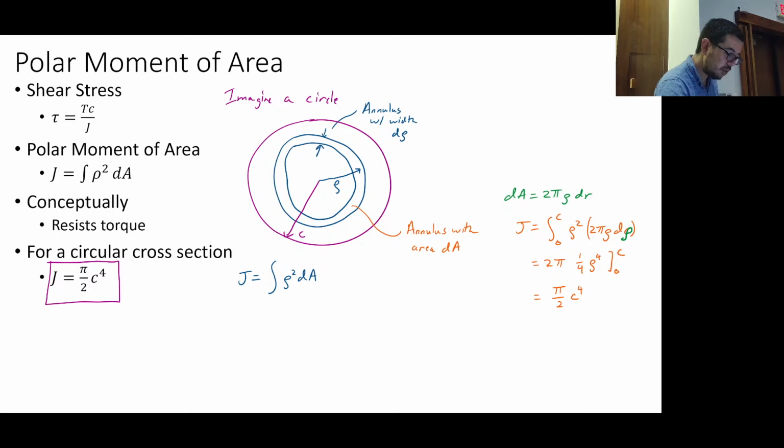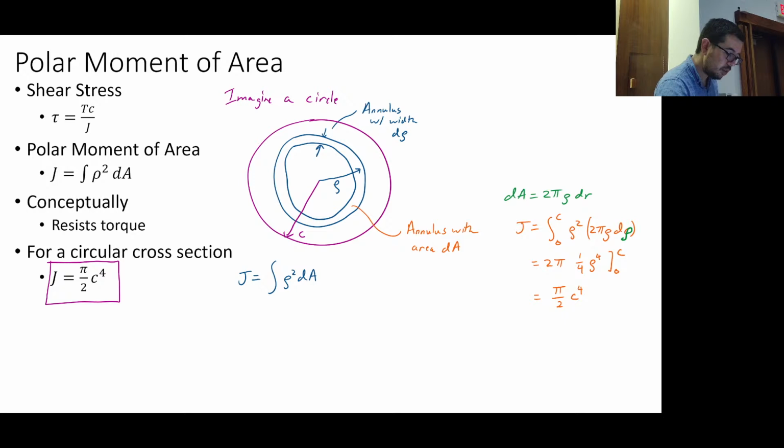So you can think, the higher the polar moment of area, the lower the stress I'm probably going to have. And you can then get an idea that if I make my shaft, my rod, larger and larger in diameter, it's going to be stronger and stronger, meaning the amount of shear stress inside of it is going to be lower and lower and lower.